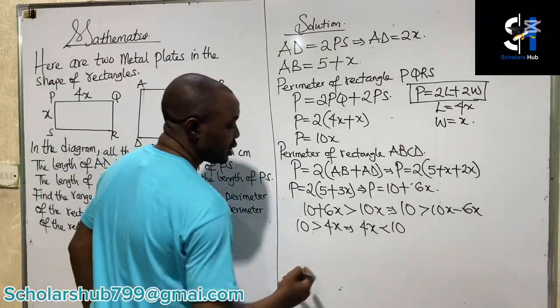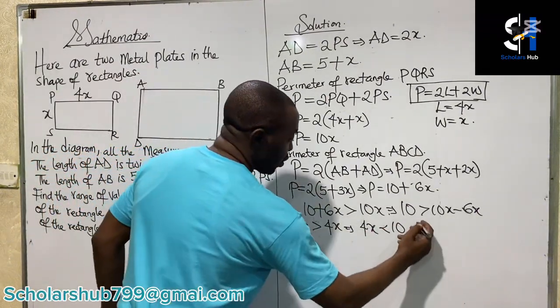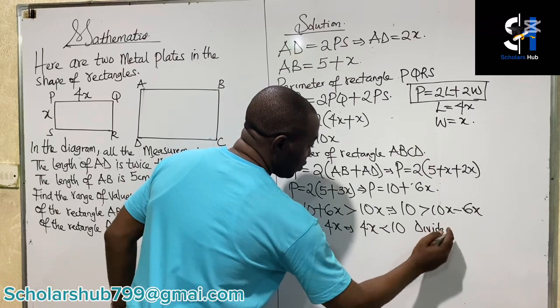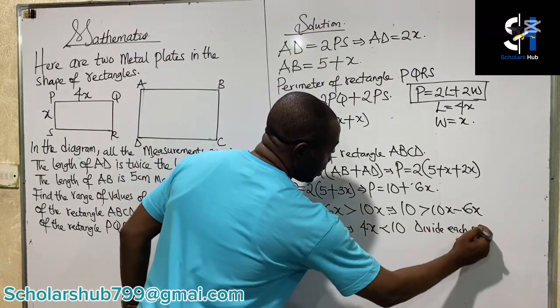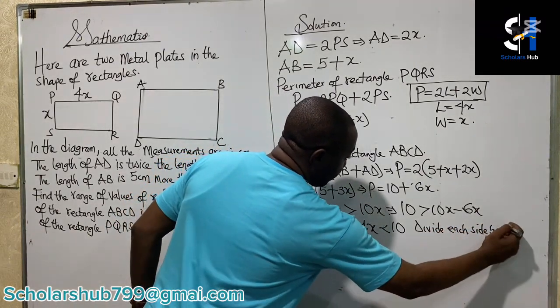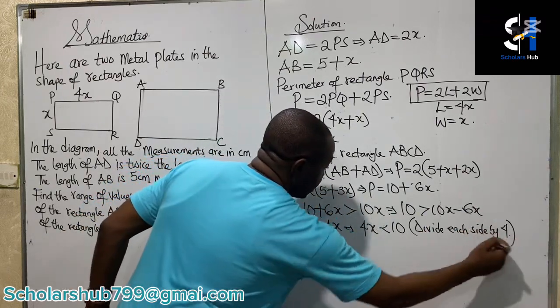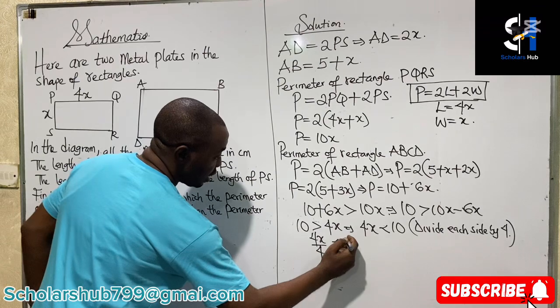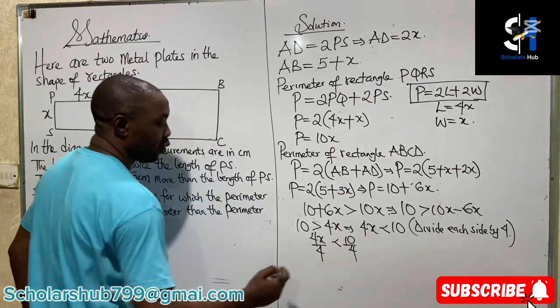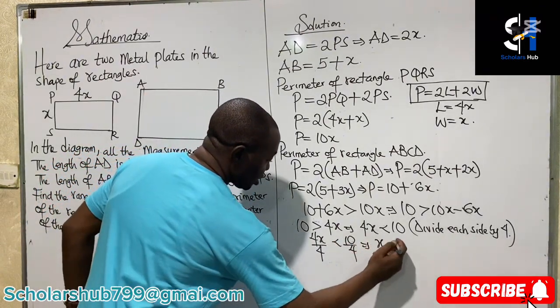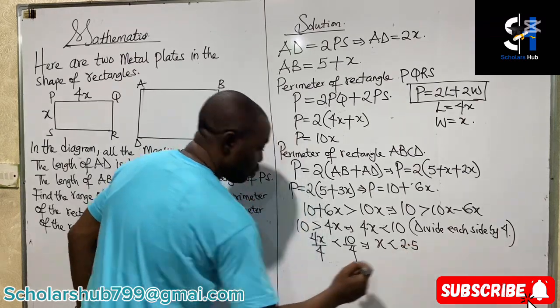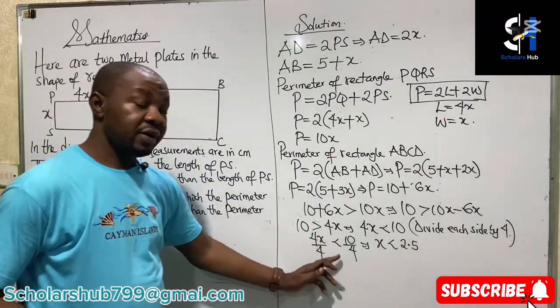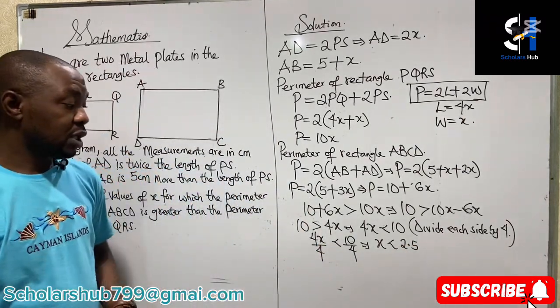So when we divide each side by 4, we have 4x divided by 4 less than 10 over 4. So x will be less than 2.5, because when we divide 10 by 4, that will be 2.5.